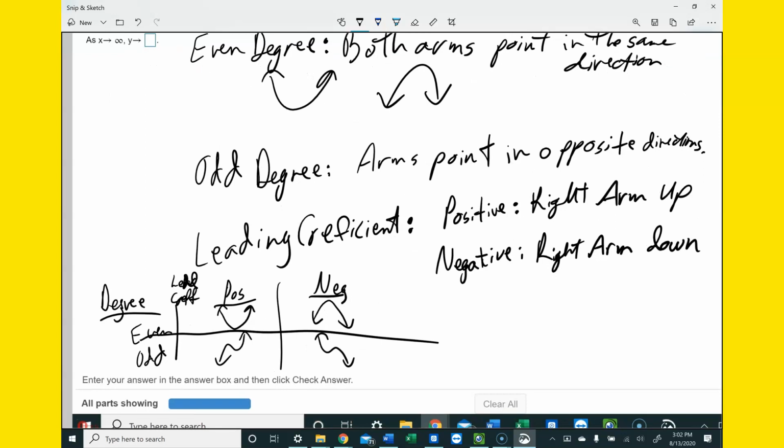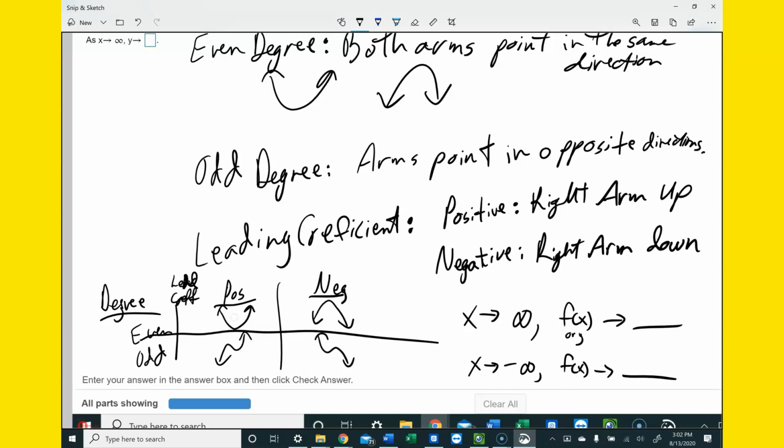Okay, so here's how the questions actually look. The question goes like this: as x approaches infinity, f of x or y approaches what? As x approaches negative infinity, f of x or y approaches what? So you should be able to answer that question.